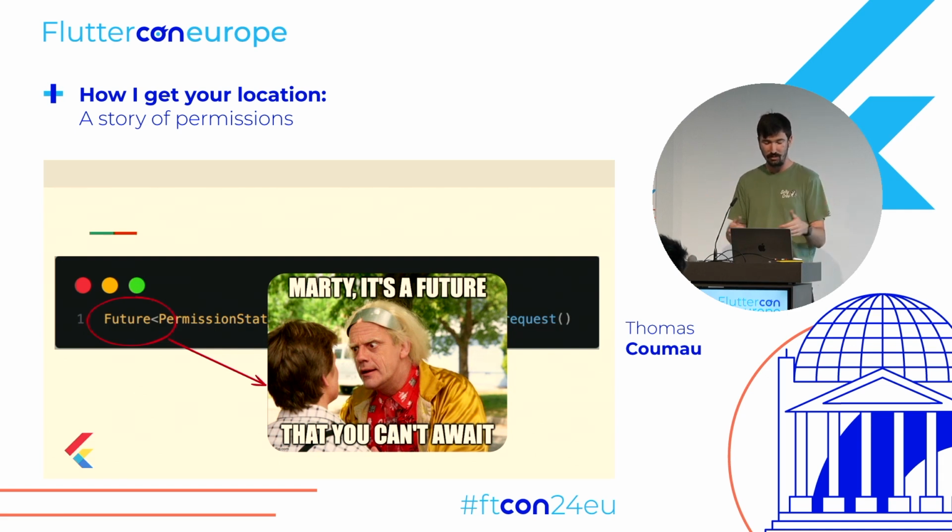So if the user doesn't change the status, you could await something forever, which you don't want. So the library decided to not wait for the modal to actually pop. But we don't want this either. So it was really worrisome.